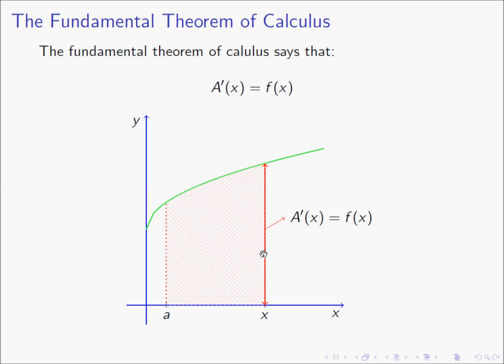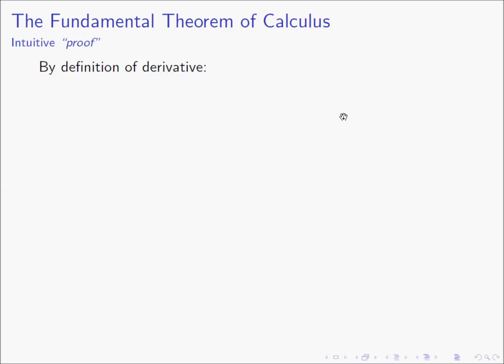The rate of change of the area equals the height of this trapezoidal shape here, and this is pretty intuitive, because if this height is bigger, the rate of change will be bigger also. So let's try to justify a little more of that intuition with this intuitive proof.